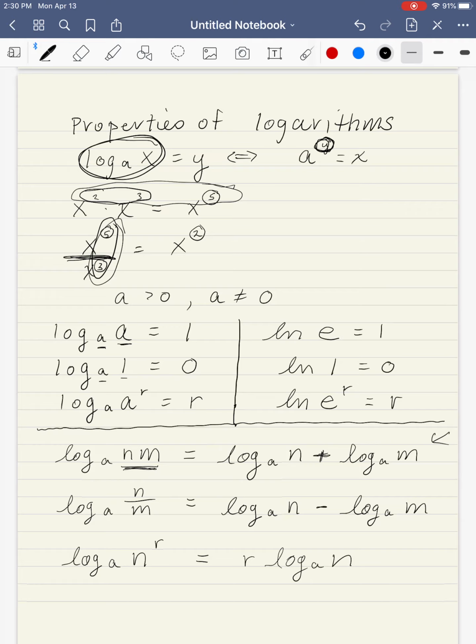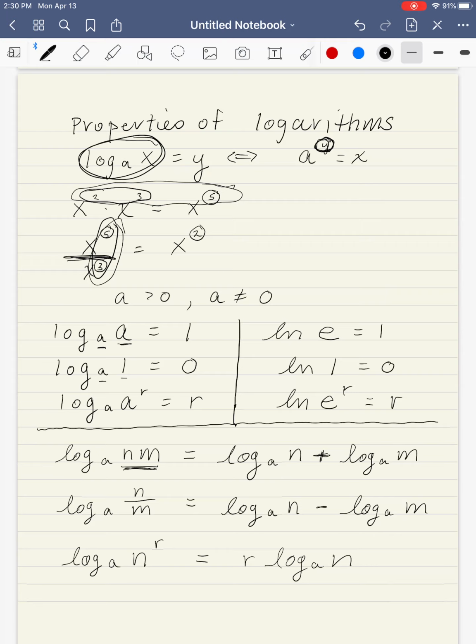So we're going to see that these are some rules, some properties, that I'm going to need to use when I start solving logarithmic equations. In our next lesson, we're going to practice using these properties. And what that does is it's training your brain to recognize equivalent statements.